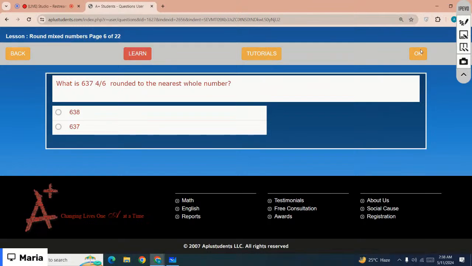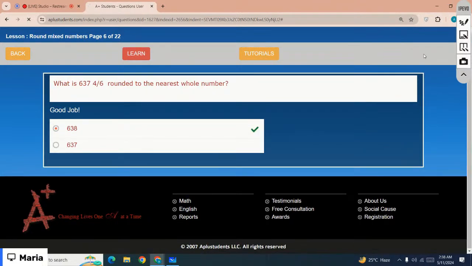What is 637 whole 4 over 6 rounded to nearest whole number? So which is the correct option? That is, you need to round up. That would be rounded off to 638. The correct option is 638.